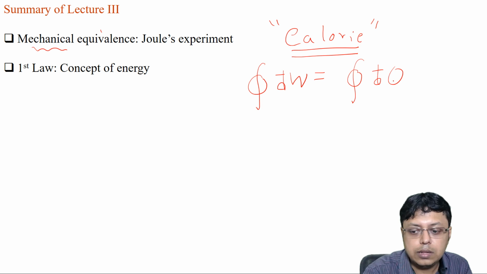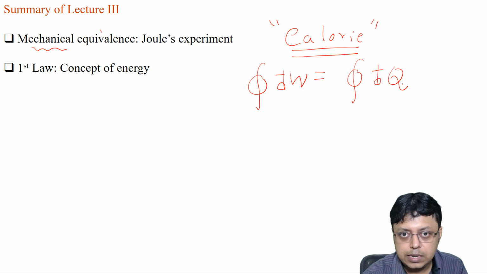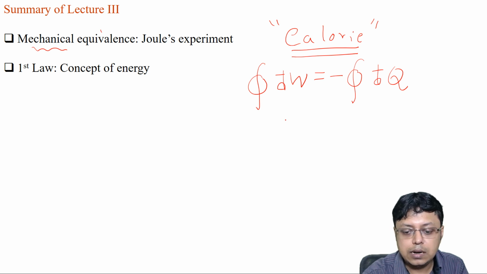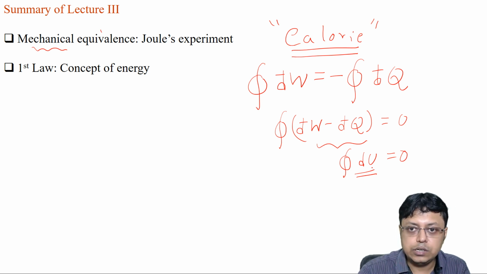In that case we saw that for any cyclic process the system comes back to its initial state, so work destroyed in the surrounding increases the temperature in the surrounding, and since by convention we took that heat flowing from the surrounding into the system is positive, since in this case heat was increased in the surrounding, we took a negative sign, and their difference we found is always 0 for any cyclic process, which means we can define a quantity which is now a state function, because for any cyclic process that quantity is 0, and we called it internal energy or energy.